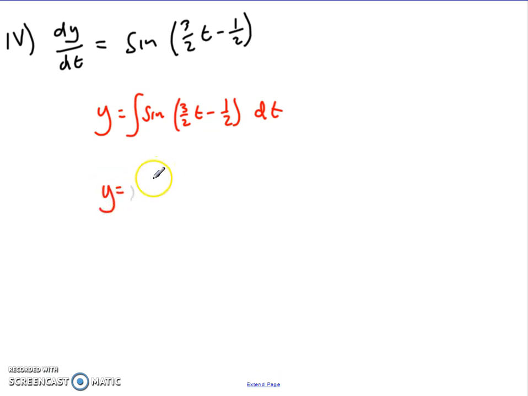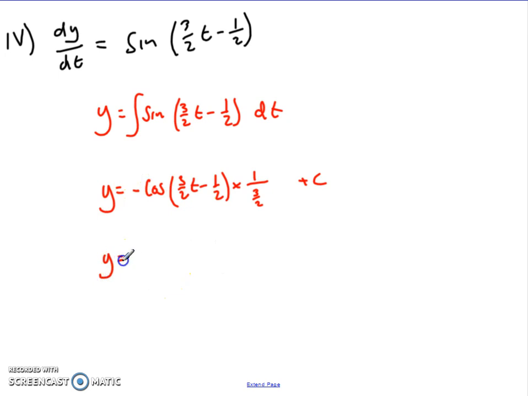Now remember, integral of sine is the opposite of taking the derivative. So the integral of sine in this case is minus cos of 3 over 2t minus a half. We then have to multiply by 1 over the coefficient here. So it's times by 1 over 3 over 2. We then have to add plus c. Now it's a case of simplifying.